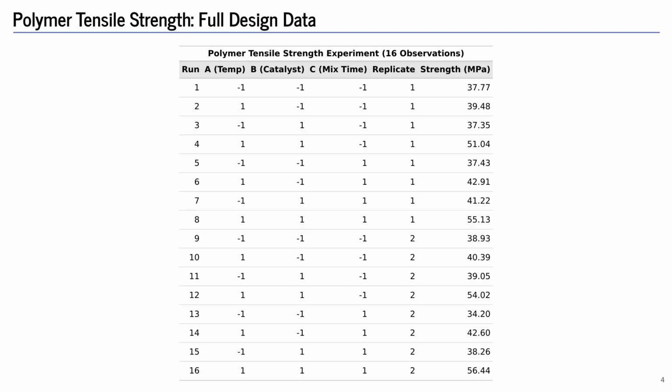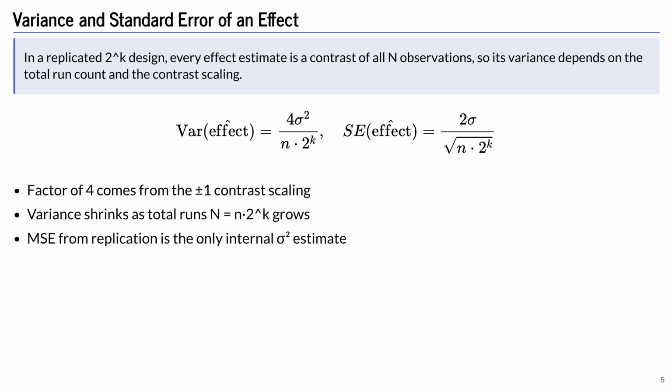Hold it in mind. Now let us build the formula for the standard error of an effect estimate in a replicated 2 to the k design. Every effect estimate in this design is a contrast, a weighted sum of all N observations, where N equals n times 2 to the k, and n is the number of replicates.